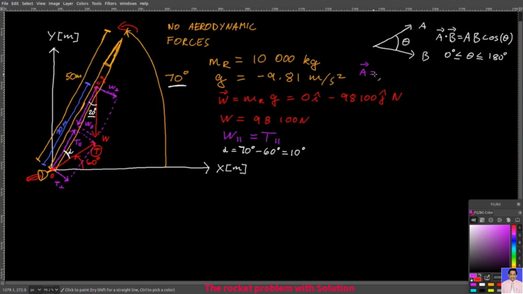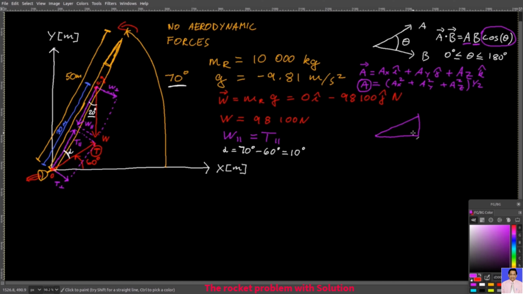So if a vector equals axi plus ayj plus azk, then it has 3 dimensions. But the magnitude of this vector, which you can calculate like this, has only 1 dimension. So this thing is a scalar. And so what you're doing here is multiplying one scalar by another scalar, and then this cosine theta is simply some kind of ratio.